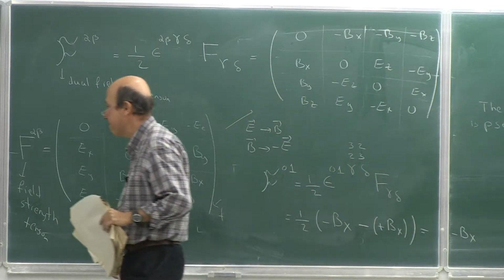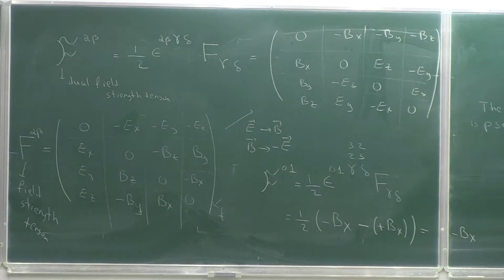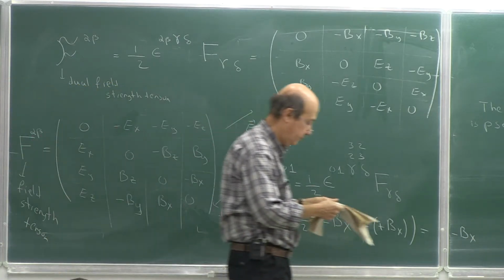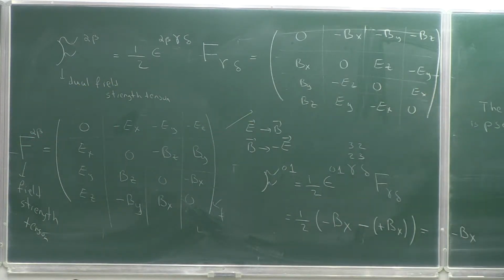Now, let us try to write the Maxwell's equations in covariant form. So we have now tools, field strength tensors, and the dual field strength tensor.